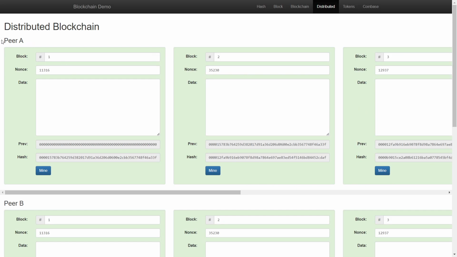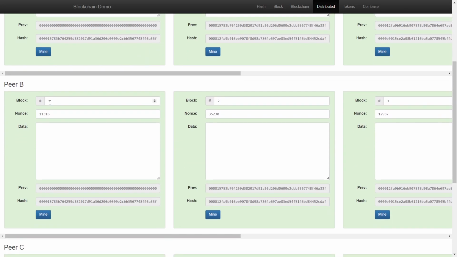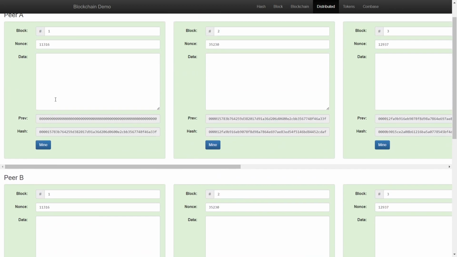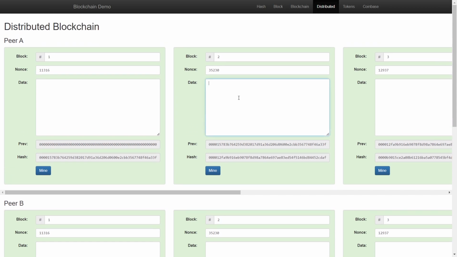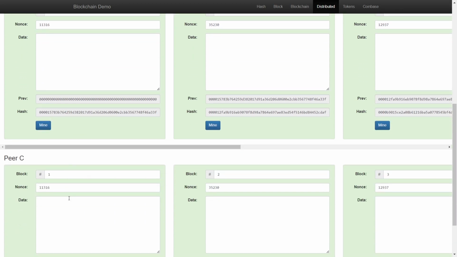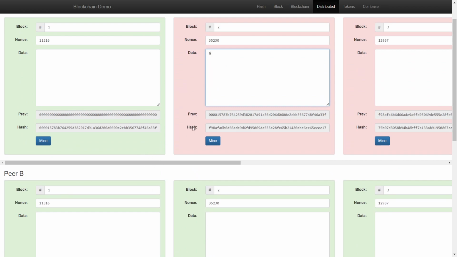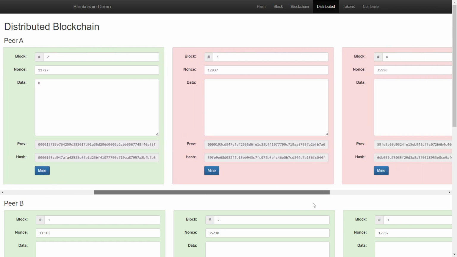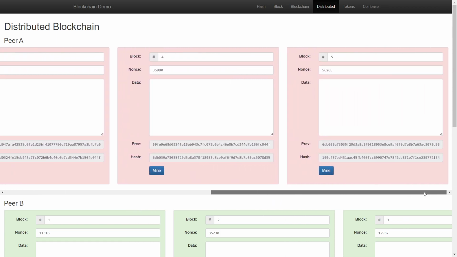Suppose there are peer A, peer B, and peer C. The same blockchain is now stored in different places, by different users. Suppose A is me, B is my friend, and C is his friend. If I try to change my block and somehow manage to mine it, the problem is that the other blocks become invalid.